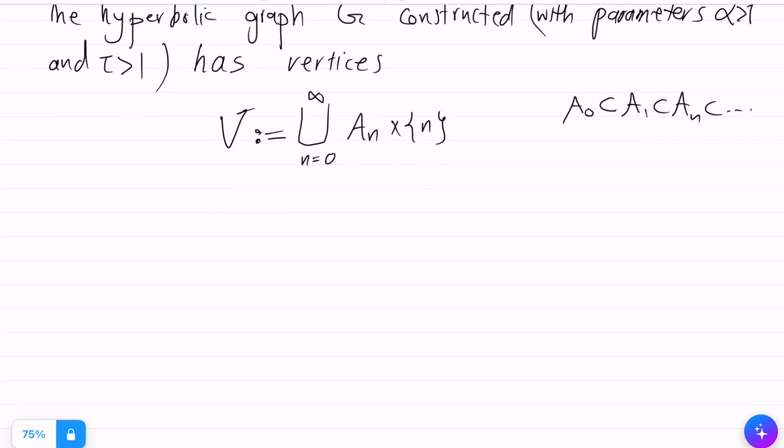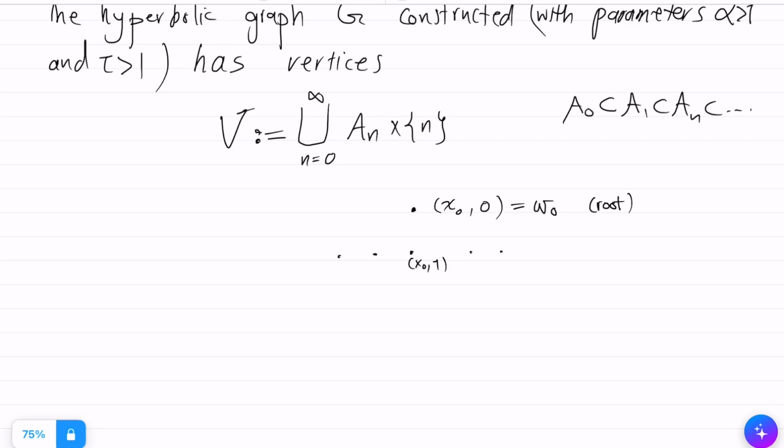And as my picture had hinted at, this original one, A0, has just one point in it, x0, 0. So this will be just a singleton at the very top, and this is a very important vertex for us. We will denote it by W0, and it's the root. And then x0, remember, is also in the next one, so definitely x0, 1 is there, plus possibly more vertices. And as we saw with this discrete metric, it could also be just infinite.